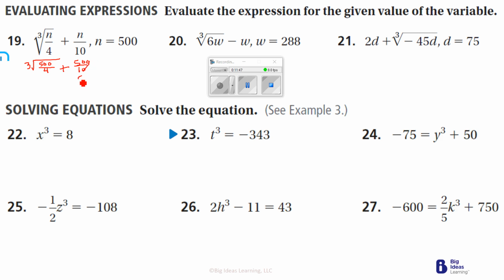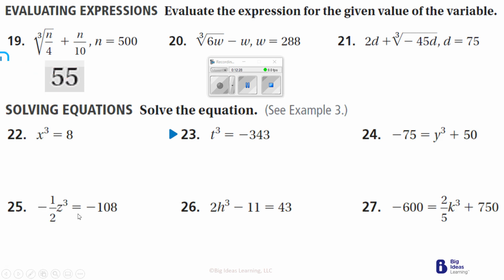That's going to be 50. But to find the cube root of this, first I have to take 500 divided by 4. And that's going to give me the cube root of 125, since 500 divided by 4 is 125. And we know that the cube root of 125 is 5, because 5 times 5 times 5 is 125. So now I got 5 plus 50. That's pretty easy, 55. 55 is my answer.